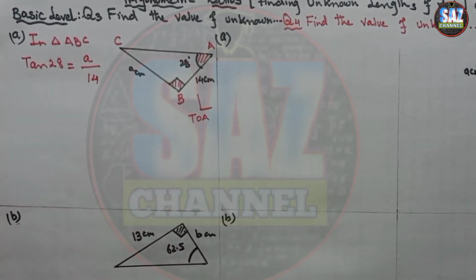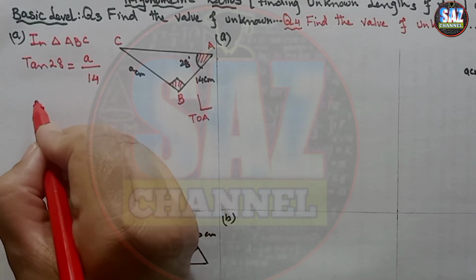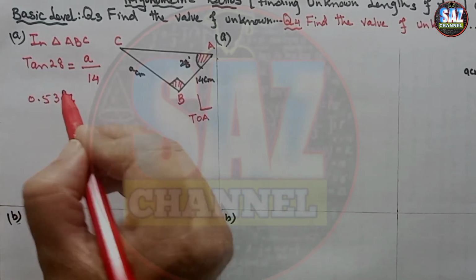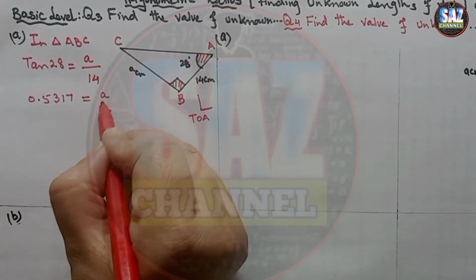Now quickly hold your calculator and check the value of tangent 28, and this gives me 0.5317. So 0.5317 equals A upon 14.